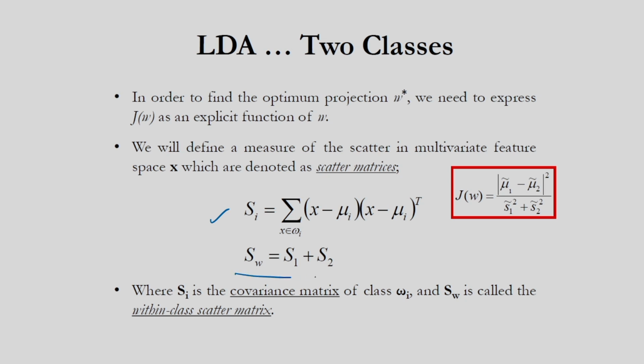I can determine the within class scatter matrix from S1 and S2, where S1 is the covariance matrix of class 1 and S2 is the covariance matrix of class 2. From this I can determine Sw, which is nothing but the within class scatter matrix. This is important for this criterion function J(W).